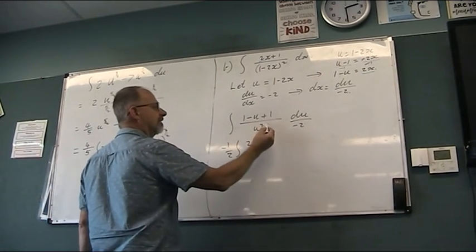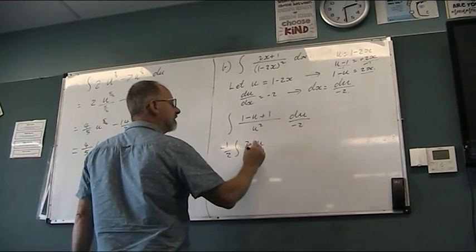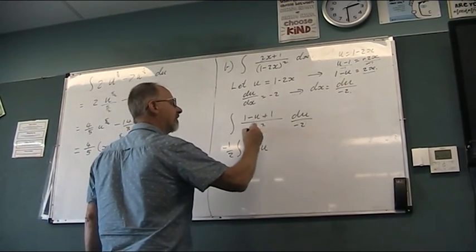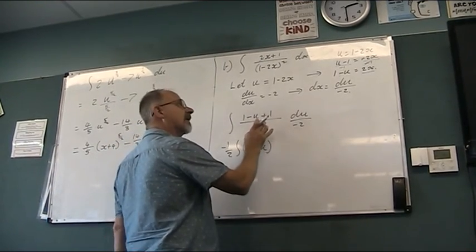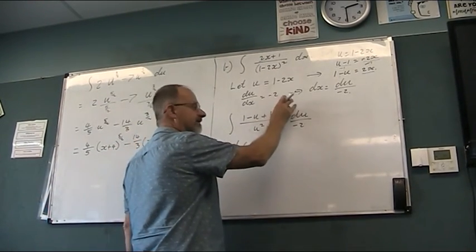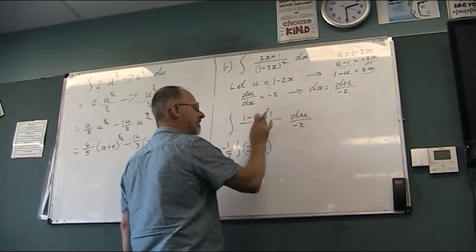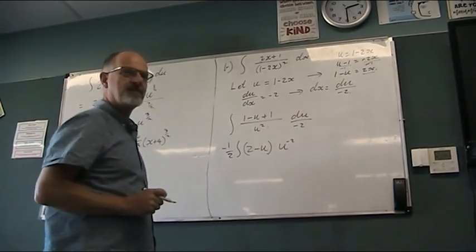Now, I'm going to rewrite that. How can I rewrite this? How else? I can bring that up to there, is what I'm getting at. If I bring that up there, that's u to the negative 2, yes?